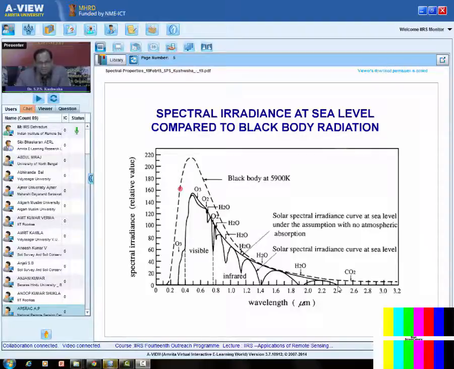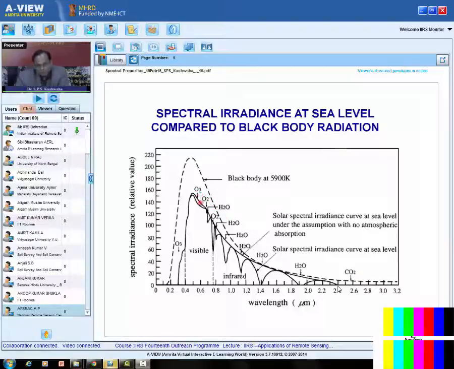And before it comes to us, there are various gases, for example ozone, to a lesser degree oxygen, water, and carbon dioxide. They modulate and absorb, so the energy which reaches us is a net amount of radiation, which comes from the sun minus modulation or interception by the molecules of carbon dioxide, water, and ozone.